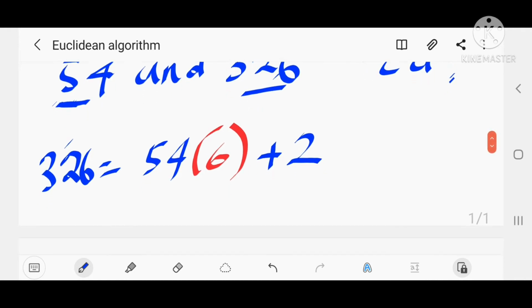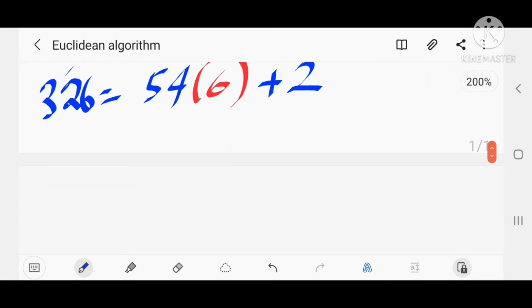So what we do is pick the remainder and express it as a divisor of the 54 that we used to divide the other one.